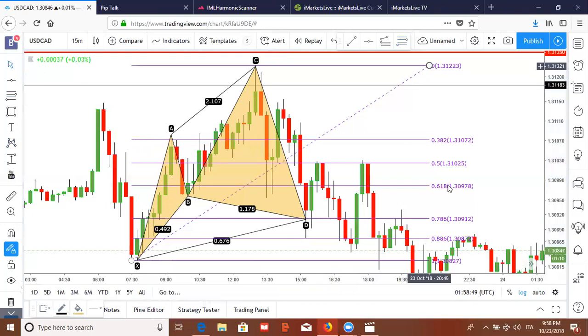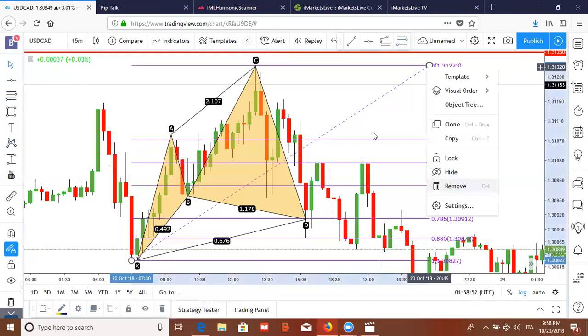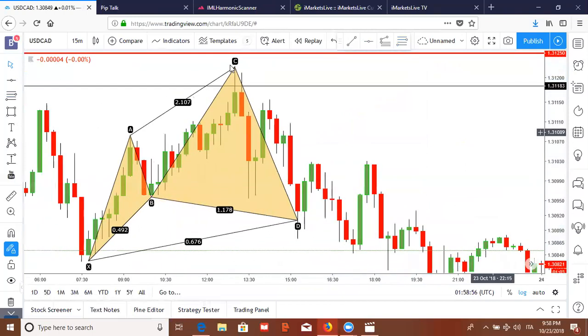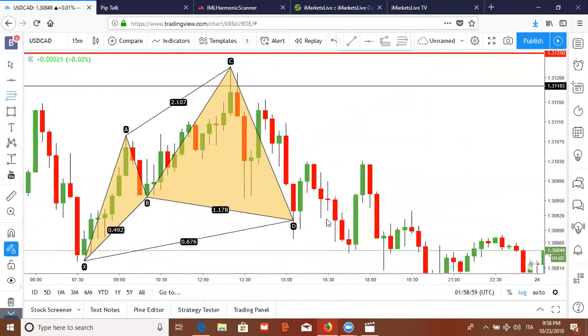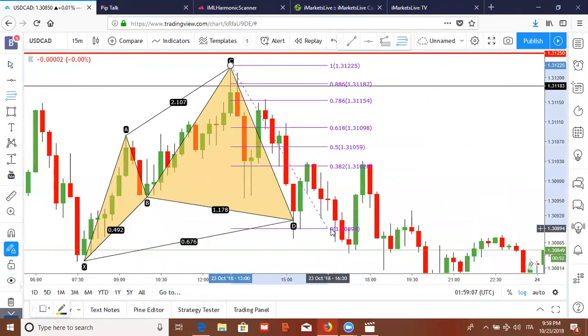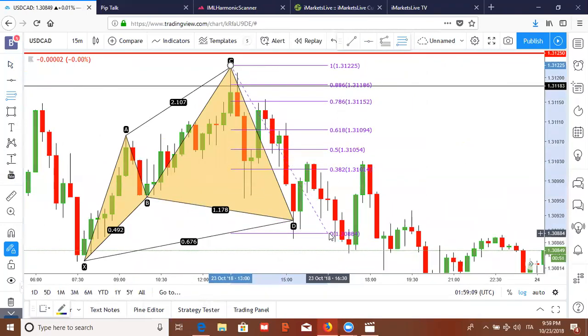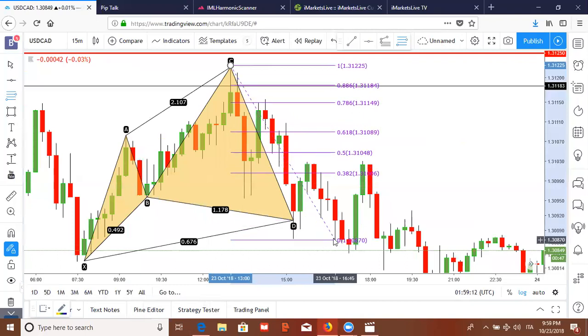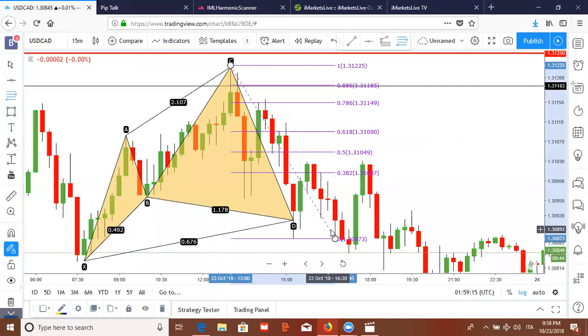Simple. I take my fib from C. Let me zoom in some, I'm sorry. I take my fib from my C leg all the way to my completion, not where I entered. This is where I entered, but I take it to the completion of D. My first target is a 38.2 level.